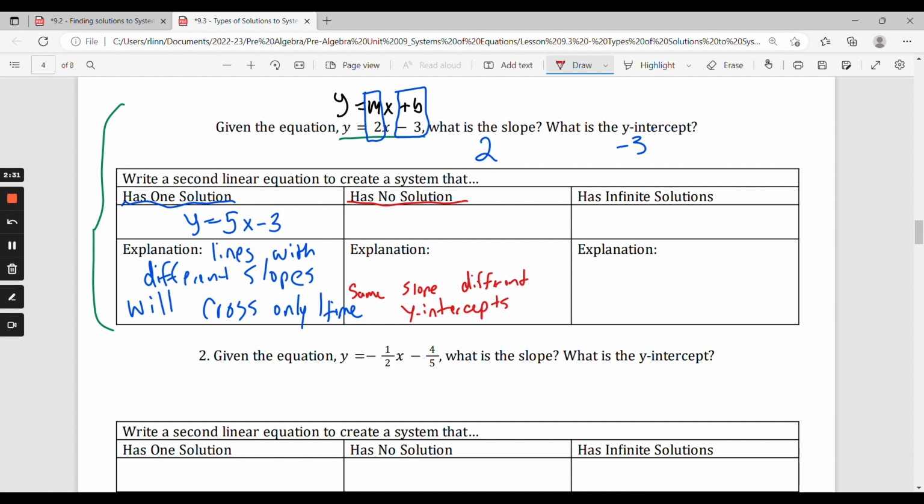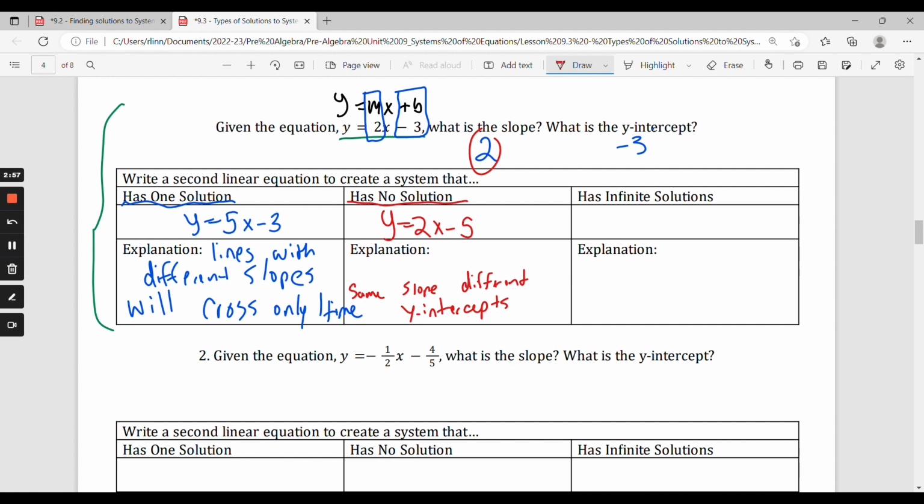So if I have the same slope and different y-intercepts, that means I'm going to write my equation, y equals 2x minus 3. I can have the same slope, so I'm going to keep my 2x, but I need to change my y-intercept. So instead of minus 3, I can make it literally anything else. Let's go minus 5. So now we've got a system that has no solution.